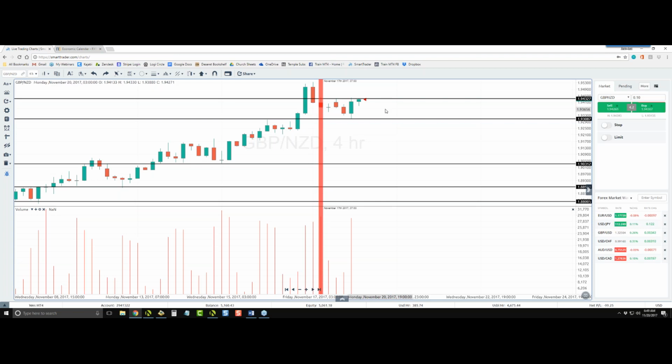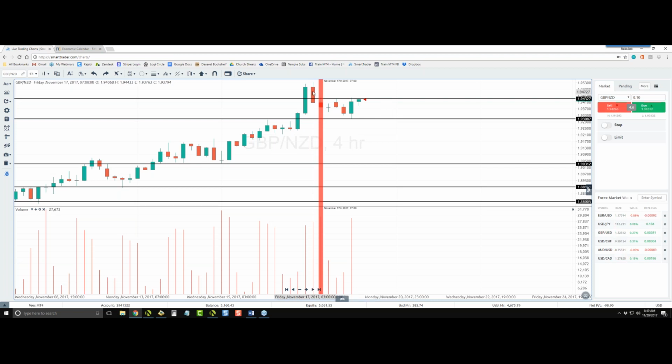We see a very large bullish candle, and then a bearish candle just slightly more than half the size, and then a very, very tiny bearish candle again, but the volume was going up.